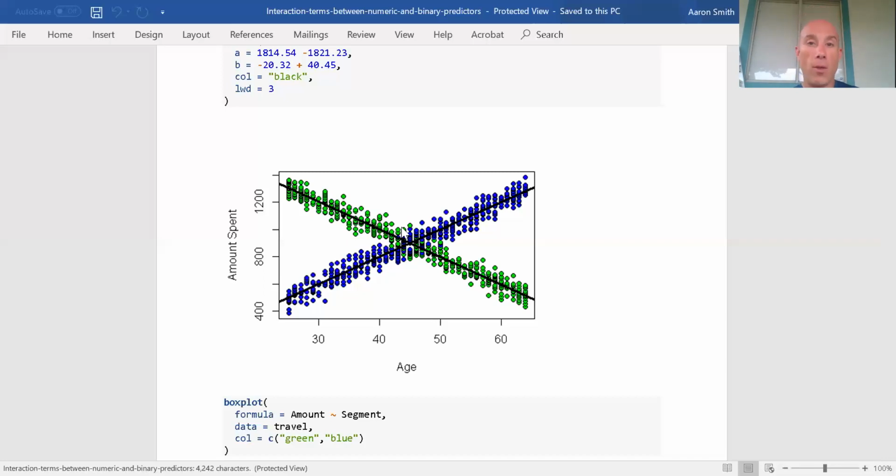Now, when do I want to do this? If I look at the scatter plot and I see that my categorical data corresponds to different y-intercepts, then I know that I just want to add the categorical predictor in there. I just want to do an addition. Now, if I see two clearly non-parallel lines, and when I say clearly, remember, in statistics we have errors of measurement and statistical variance, so it has to be far enough off from parallel that we'll say, yeah, these are not the same slope.